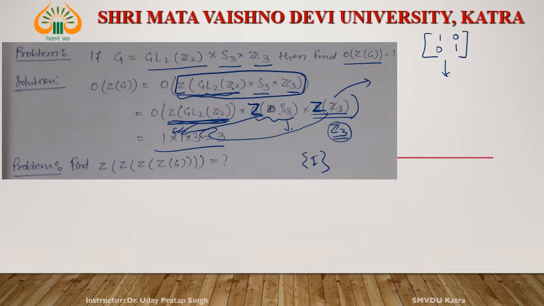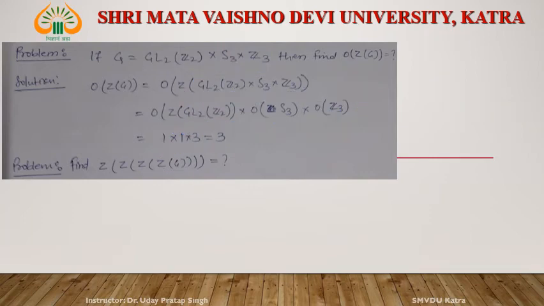Then what is Z of ZG? See, if G is abelian, then ZG is equal to G. If G is abelian, then ZG is abelian. Please wait a minute.